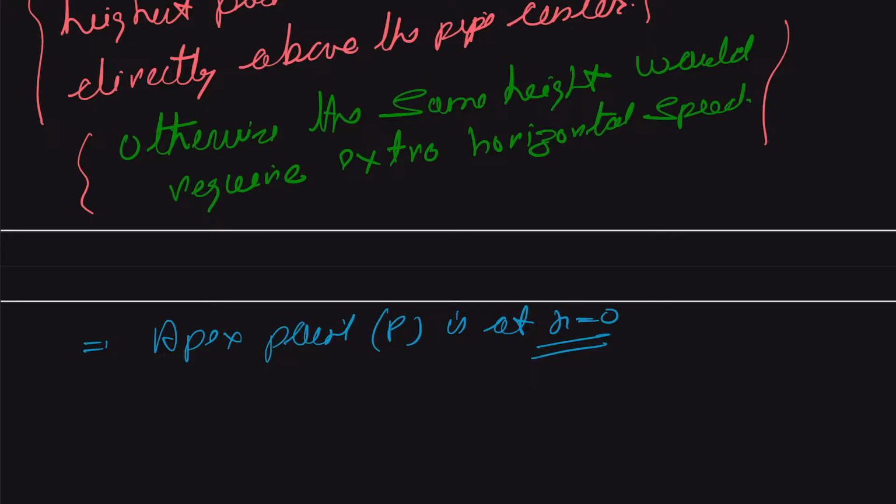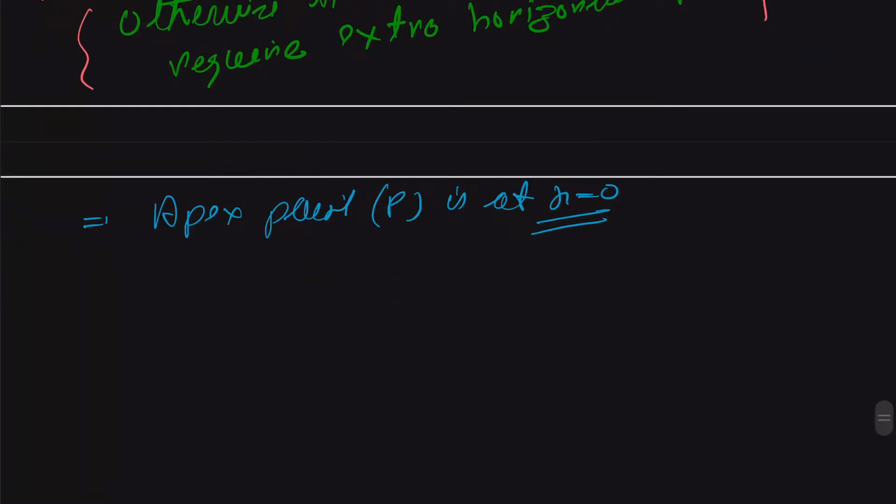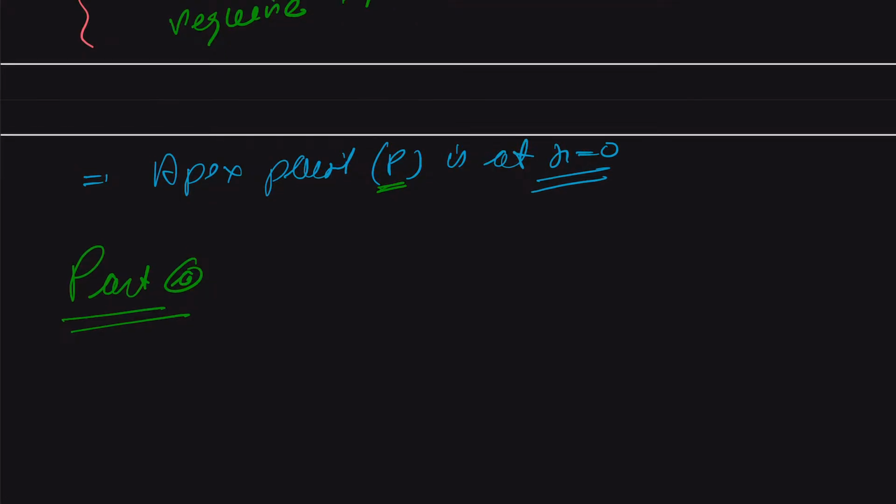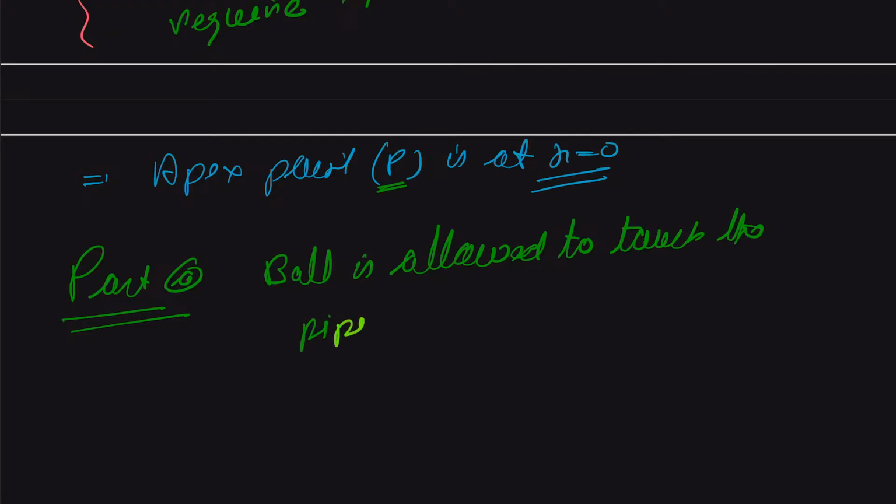Now we come to part A as well as part B. For part A we have to remember that the projectile is allowed to just touch the point P. The ball is allowed to touch the pipe.